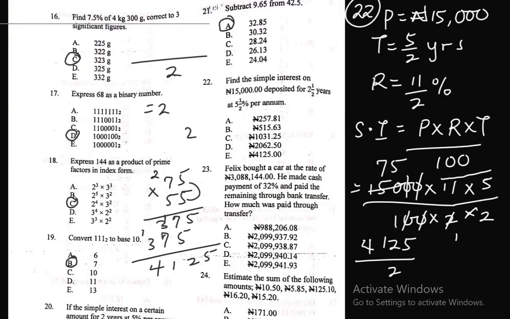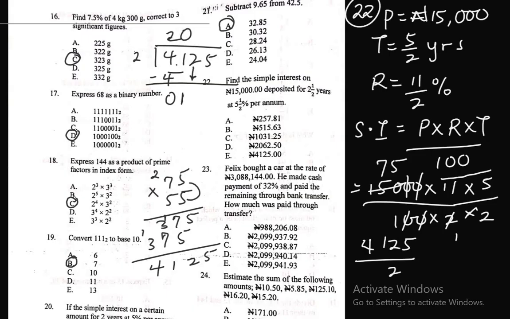Though it would have been 2 into 41, but let's use long division. 4125. 4 divided by 2 is 2. 2 times 2 is 4, take away is 0. 1 divided by 2 cannot go, you put 0, bring down 1. 2 into 1 cannot go, bring down 2. 2 into 12 is 6, times 2, 12, take away we have 0, bring down the last 5. 5 divided by 2 is 2, 2 times 2, 4, take away you have 1.